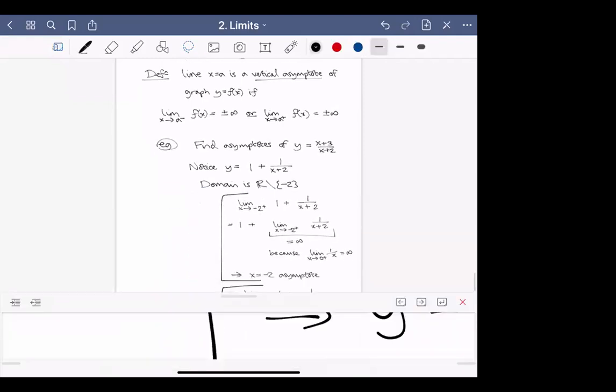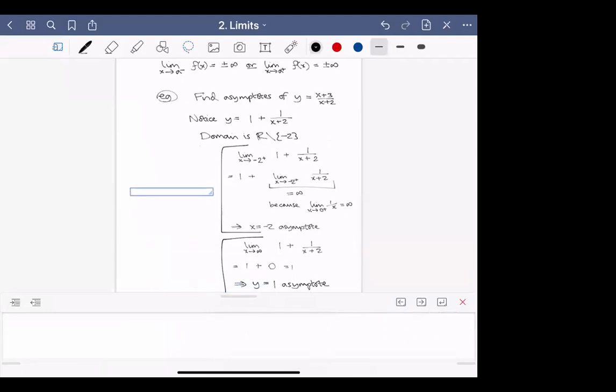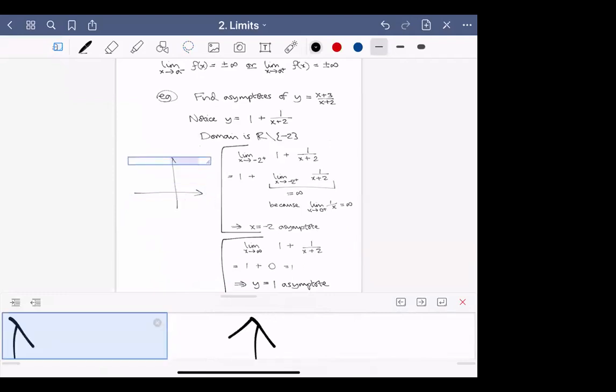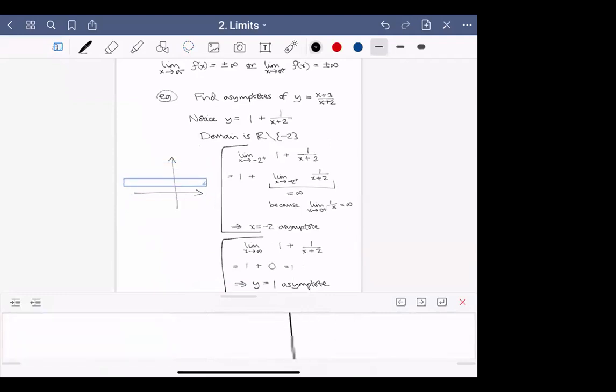Let's draw that. It can be helpful to draw these asymptotes first.